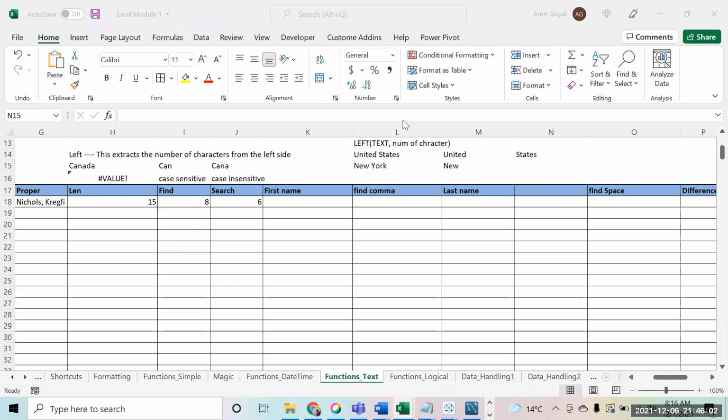Are you able to try it? RIGHT is just the opposite of LEFT, so it will extract the number of characters from the right hand side.